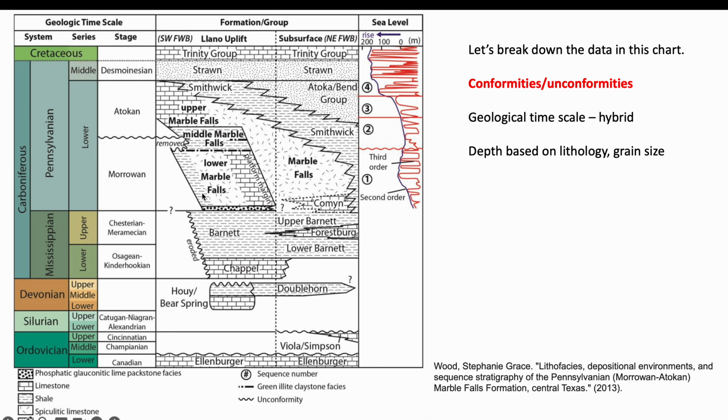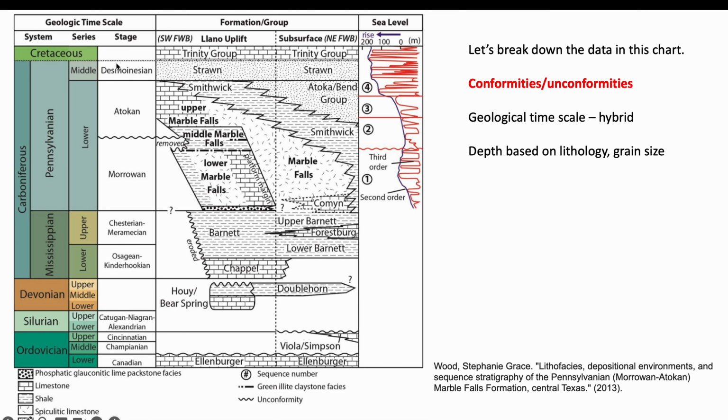And so here's our lower, middle, and upper Marble Falls formation. Now, Marble Falls is actually just one formation. These units, the lower, middle, and upper, are informal designations which are used, but there's only one type section for all of the Marble Falls, and so they're all together, just like that.